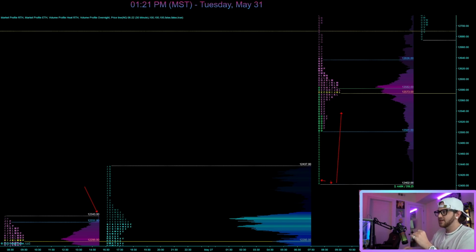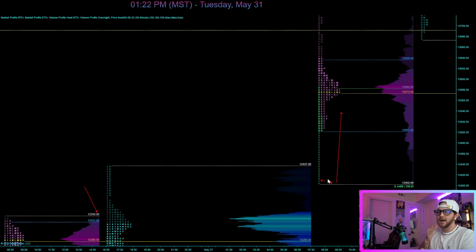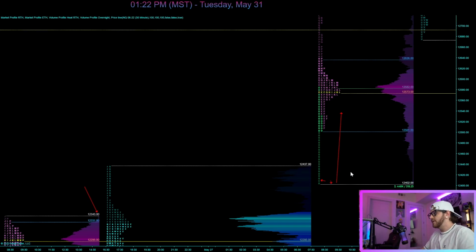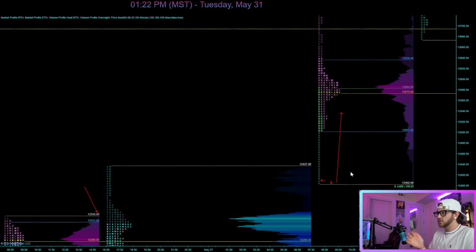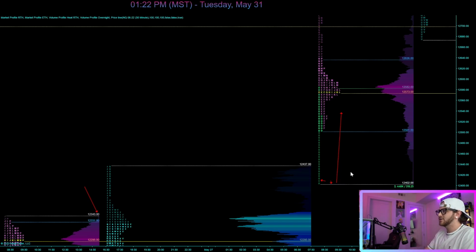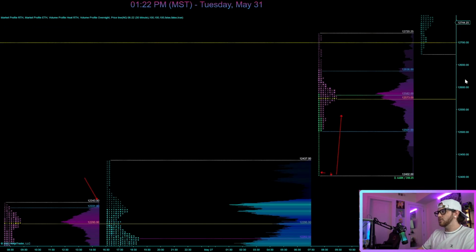And in this, when you see that we open, we move down, and then we immediately move up with strength, that shows that buyers are still present. The buyers that were in the overnight session in this example are still here, or there are new buyers in the new New York trading session, or the new regular trading hours session, to continue to propel price upwards. So this is the gap and go to the upside.